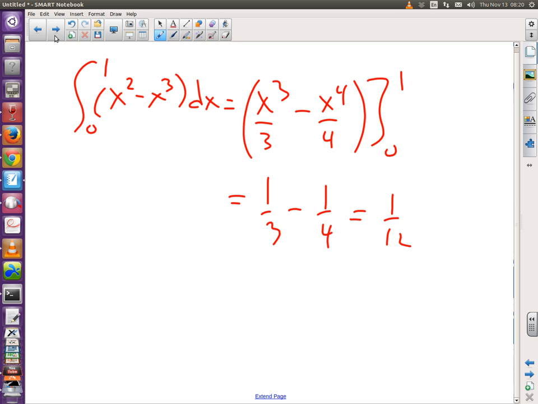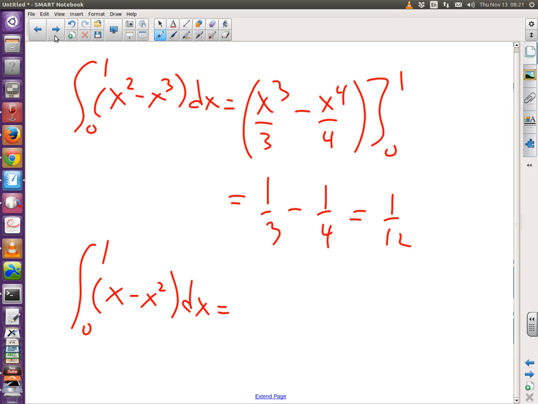What if I want the area between x and x squared? Why am I subtracting x squared from x? I thought I was supposed to subtract the higher minus the lower. Well, the higher function is x for values less than 1. When you square a number less than 1, like 1/2, it gets smaller.